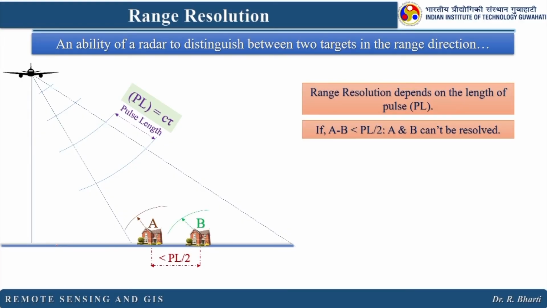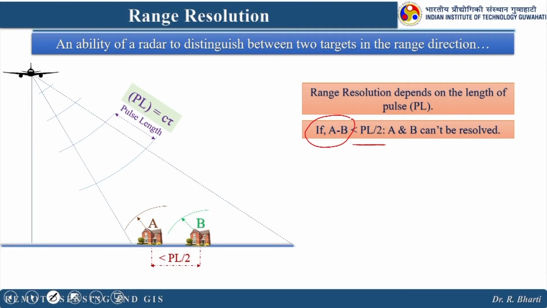Here the length of the pulses plays a very critical role in order to identify these objects in microwave remote sensing data. So, if A minus B, that means the distance between A and B, is less than PL by 2, then we cannot identify these objects in microwave data.